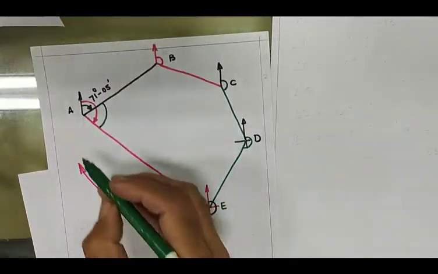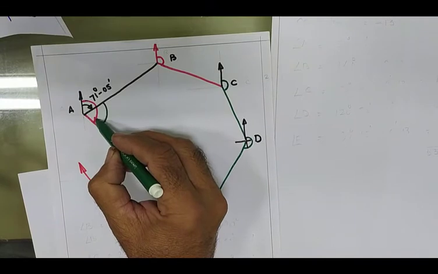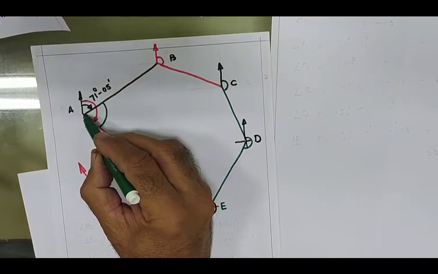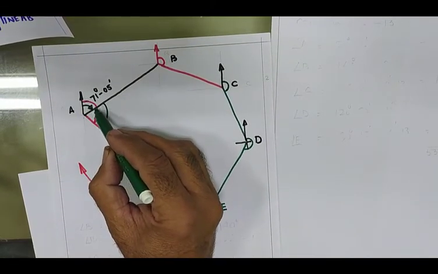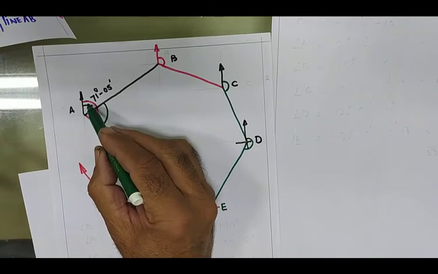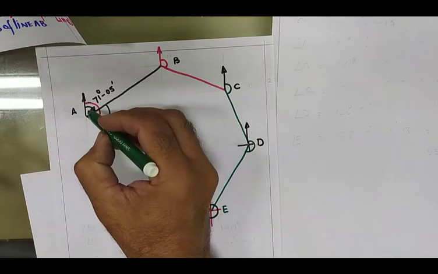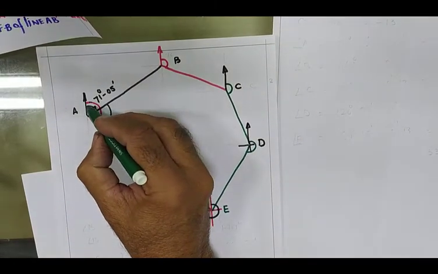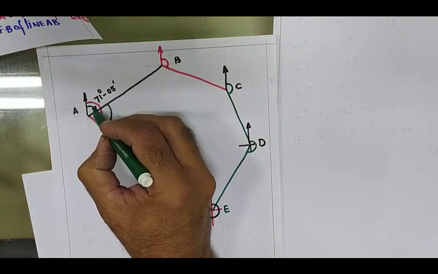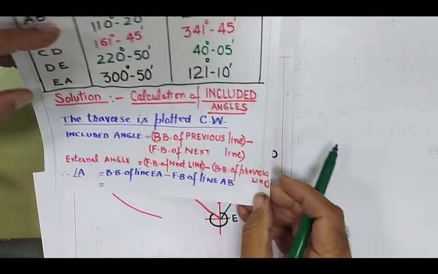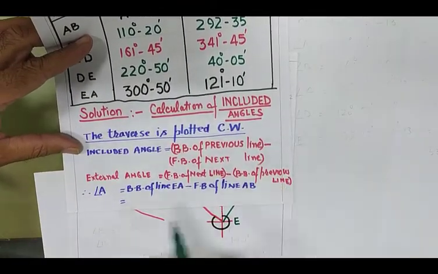Here you can see very easily, I am at station A. This is the bearing of previous line, or I can say the back bearing of line EA, and the fore bearing of the next line is the fore bearing of line AB. I put again the angle A.